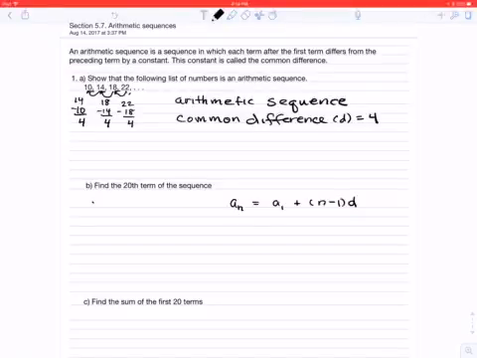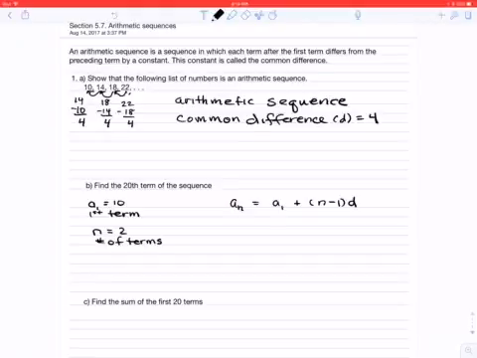So a sub 1, in this case, is 10. It just stands for the first term. n stands for the number of terms. We're interested in the 20th term, so n is 20. And d, the common difference, in this case we said was 4.